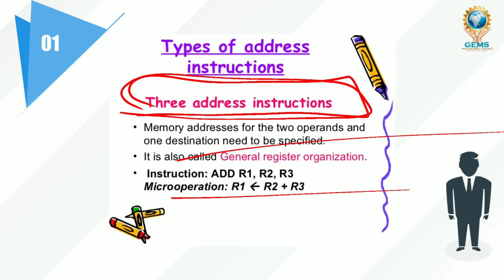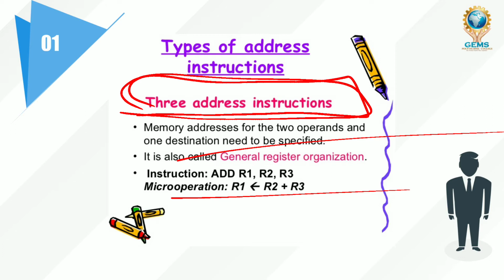A 3 address instruction will have 2 operands. What is the operand? Operand is nothing but containing the data. Here, one is the destination, and the two will talk about the data.